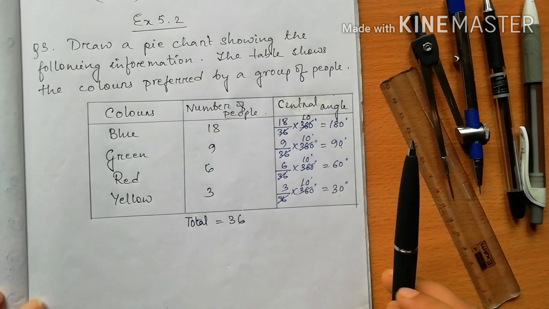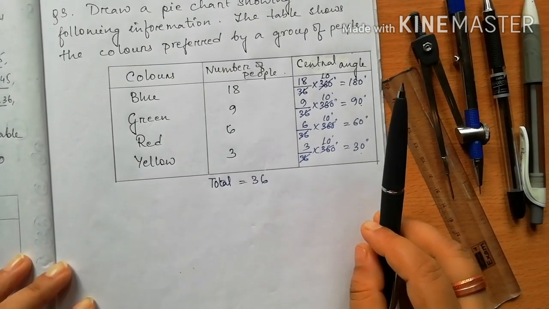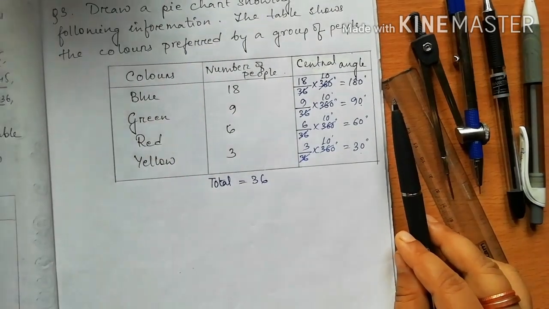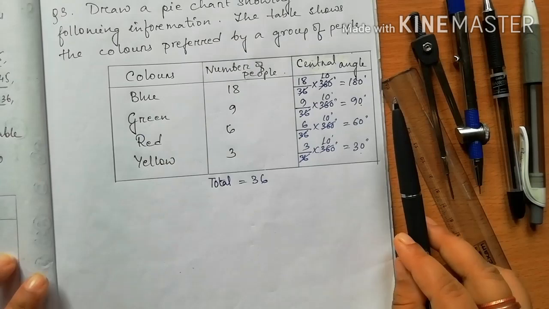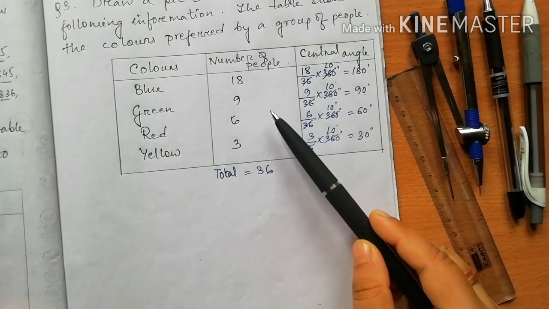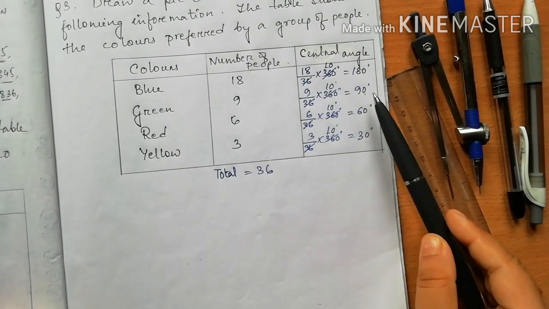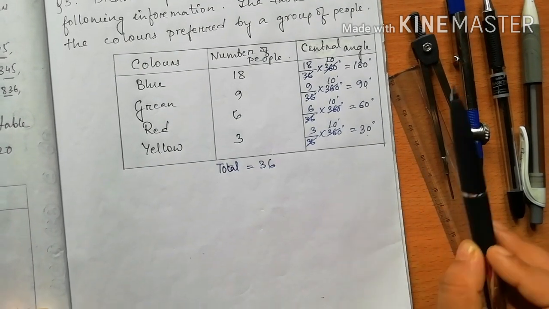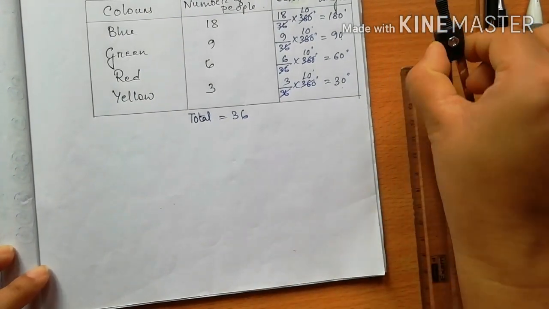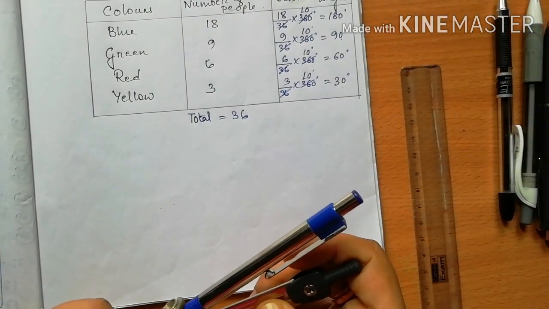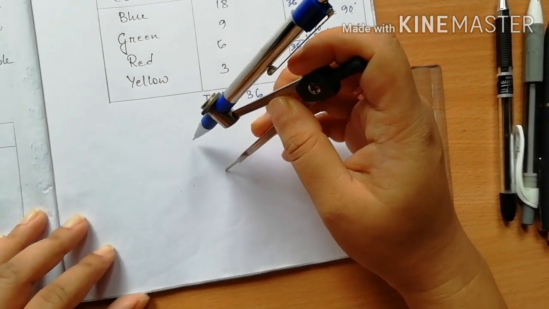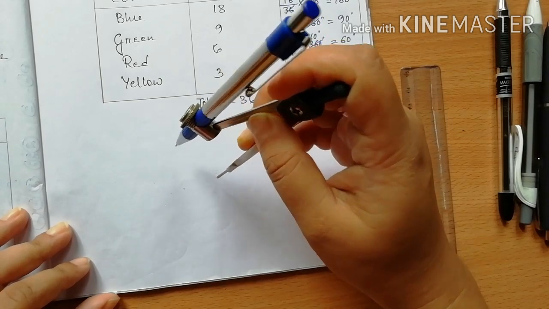So let us draw the pie chart. For drawing a pie chart, I need a compass to draw a circle. At first a circle has to be drawn, and that circle will be divided into 4 sectors having angles 180, 90, 60 and 30. So at first let us draw a circle with any radius.